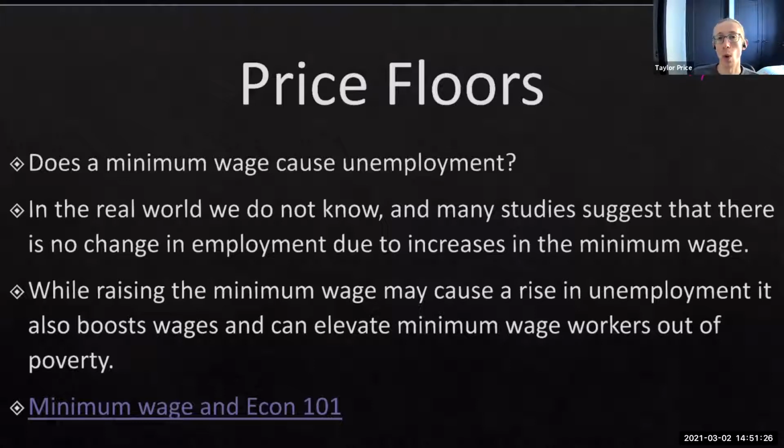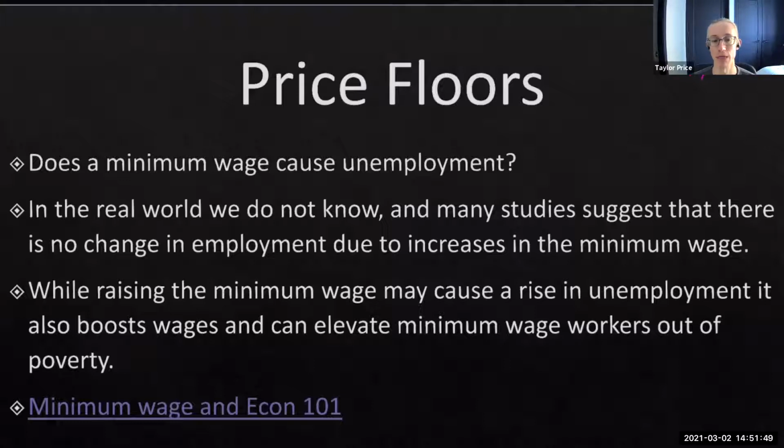While increasing the minimum wage can increase unemployment, it also boosts wages. Because it boosts wages, people are spending more money in the economy, and that can actually create more jobs, which can also lift minimum wage workers out of poverty.